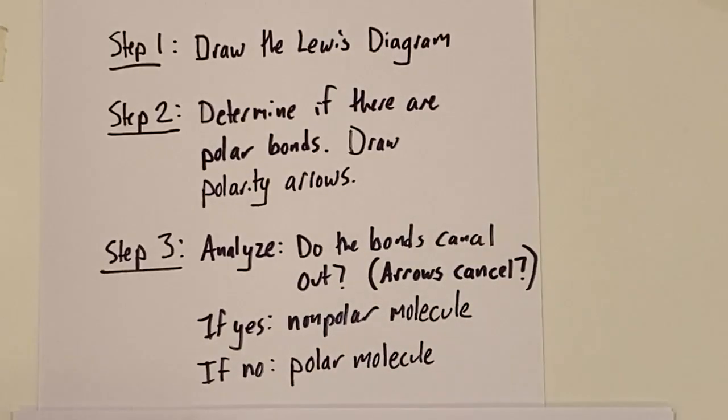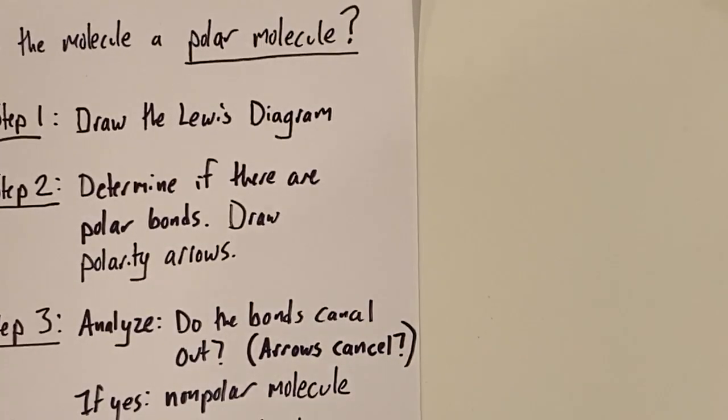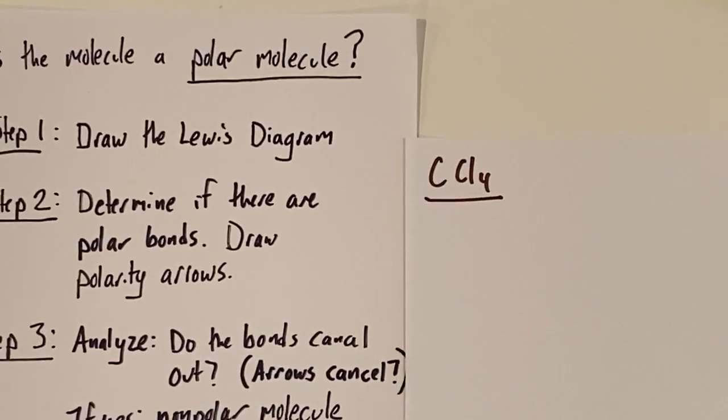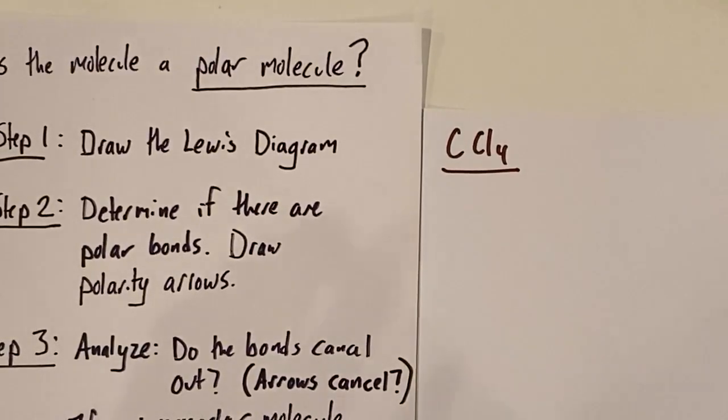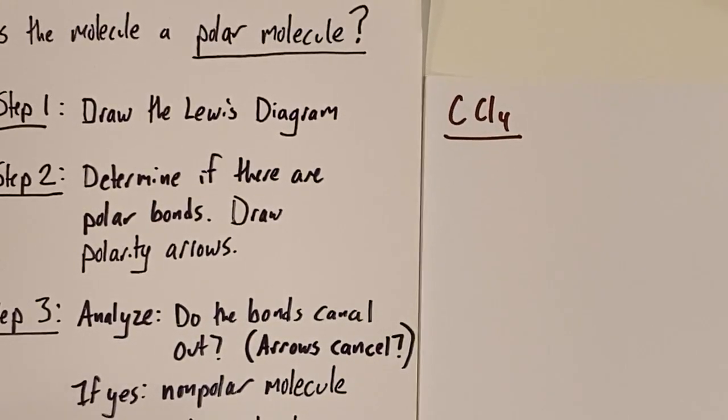All right, so let's do some analyses from our molecule polarity notes and the molecule polarity worksheet. So let's pull that over. CCl4, which was example 3 on the molecule polarity worksheet. Okay, so step one is to draw the Lewis dot diagram for CCl4.